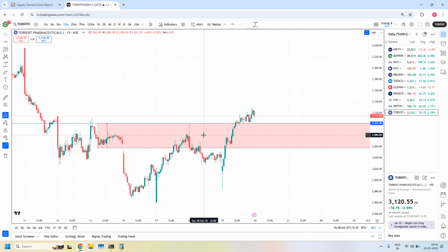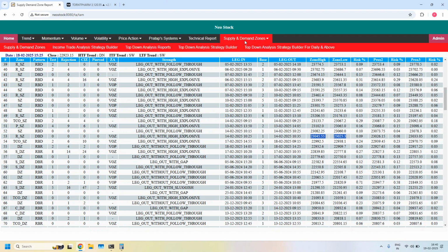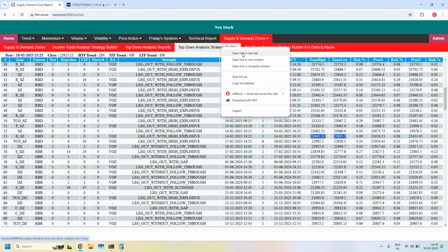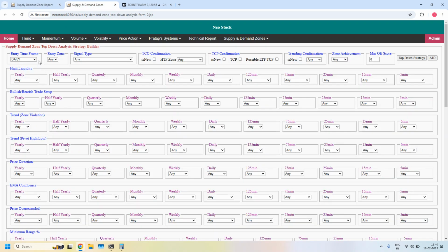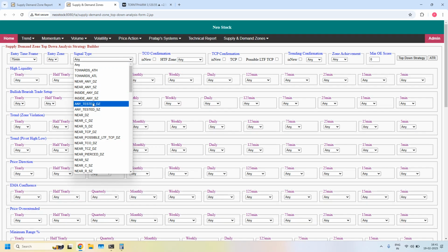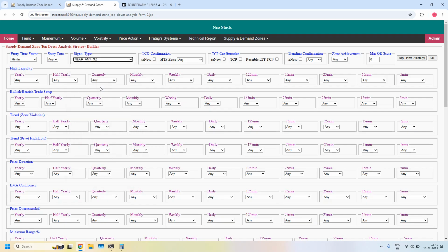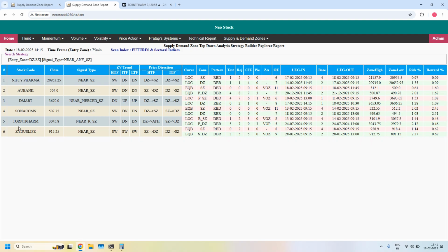So at that time, what you can do is immediately look into the NeoStock software zone high and zone low columns in our report. We have a 75-minute zone, stocks near a 75-minute supply zone. See TORNTPHARM. Are you seeing the zone high and zone low columns?